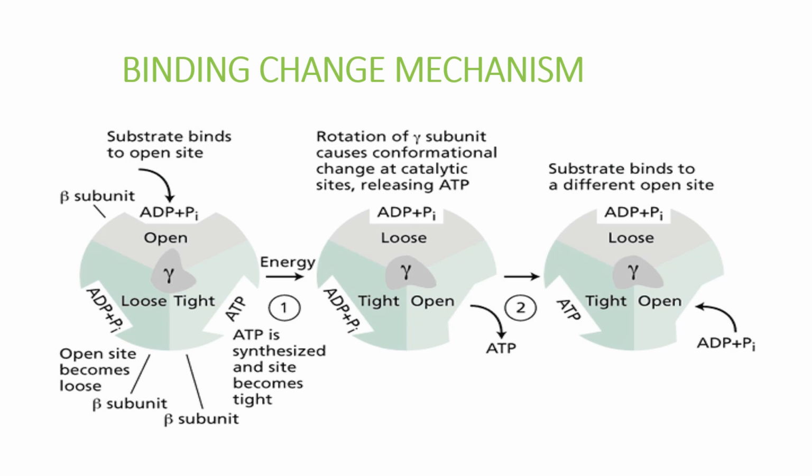So here you can see three different types of structures by 120 degree rotation. Every 120 degree rotation, the loose structure is converted into the open structure, and the open into the tight structure. In this way, the three conformational changes are possible.